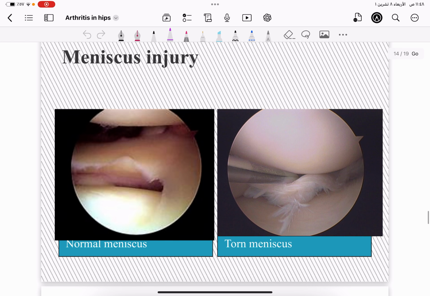Once you start injuring the meniscus, first the meniscus, then the main cartilage, and so on. This is how it looks like arthroscopically if you had a bad arthritic knee.